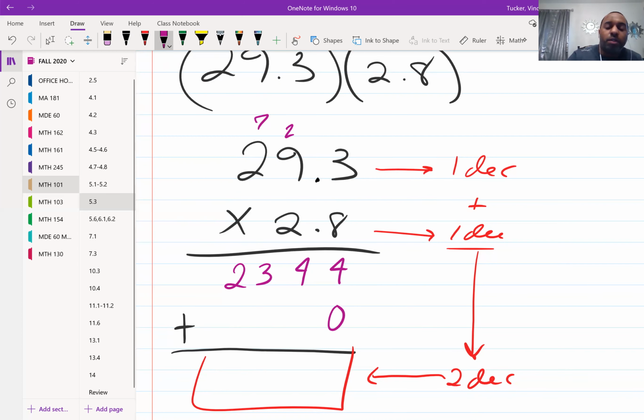Then you start one place value over, because that's what you did in your actual problem. You're in the tens place now. And so you're starting off one place value over. 2 times 3 is 6. 2 times 9 is 18, carry your 1. 2 times 2 is 4, plus that 1 that's up here. It's going to be 5.